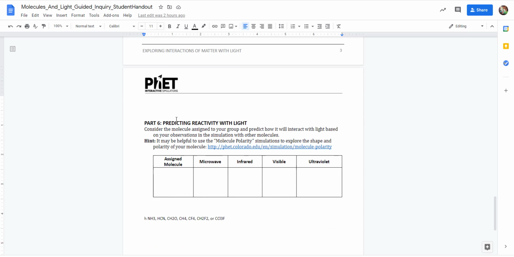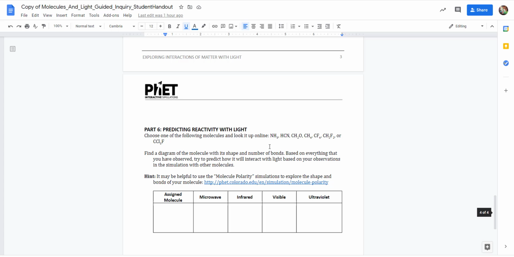Okay, and then the last one, you're going to select one of these molecules. Sorry, here's the list. NH3, HCN, CH2O, and I'm not giving you the names for these, just reading off the symbols here, right? Pick one of these, go out and do a little bit of research.